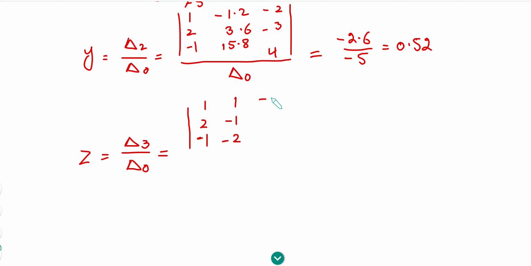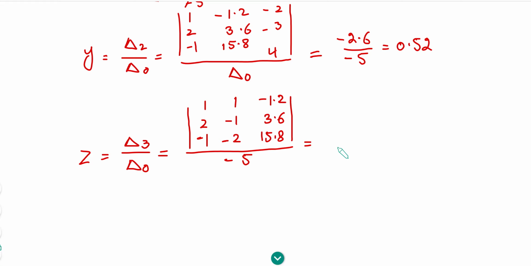The third column is negative 1.2, 3.6 and 15.8, and delta naught is negative 5.